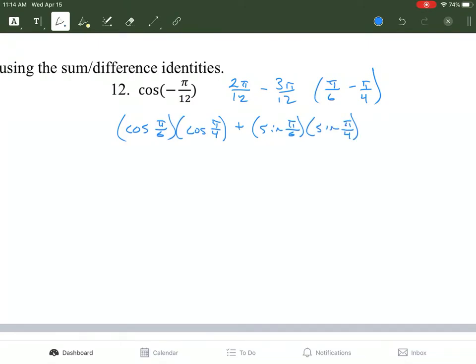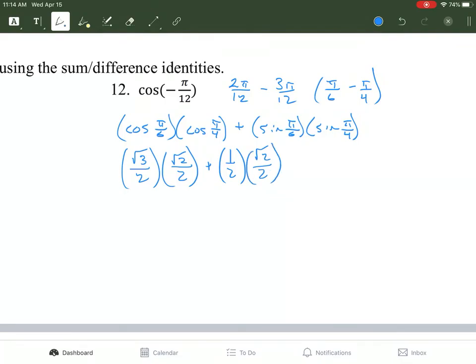Again, looking at the unit circle, if you don't remember what these values are, cosine of pi over 6 is going to be root 3 over 2. Cosine of pi over 4 is root 2 over 2. The sine of pi over 6 is 1/2, and the sine of pi over 4 is root 2 over 2.